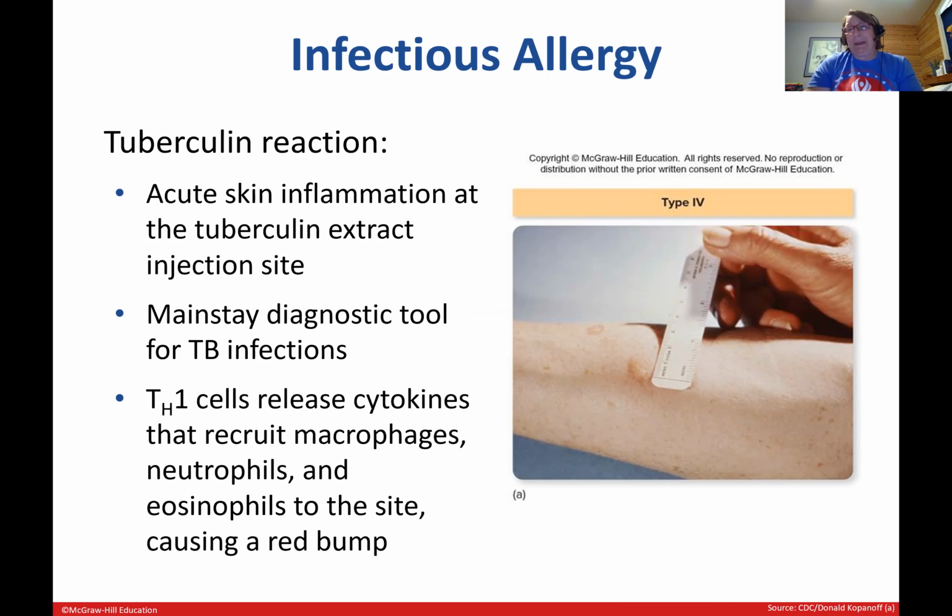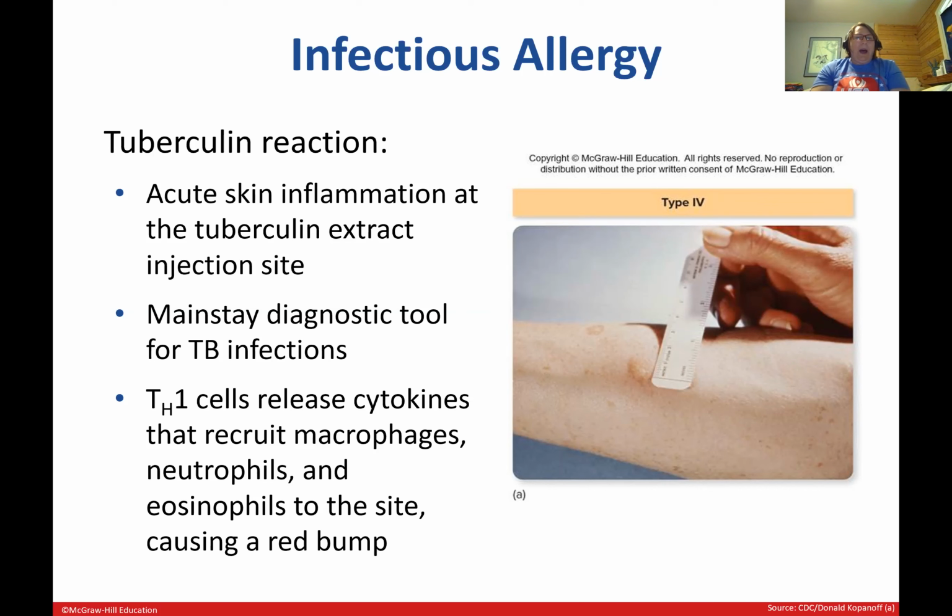For example, many healthcare professionals are required as part of their job to get a tuberculosis test, and they have to test negative. That's also true of a lot of aides that work with the elderly. It's true also of aides that work with people with developmental disabilities. They have to test negative for tuberculosis in order to be able to do the job.